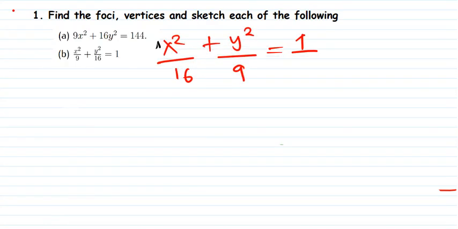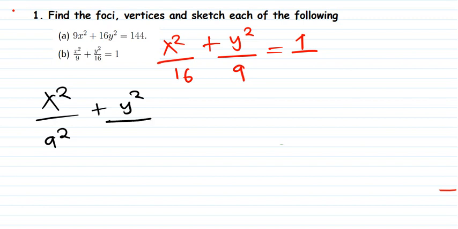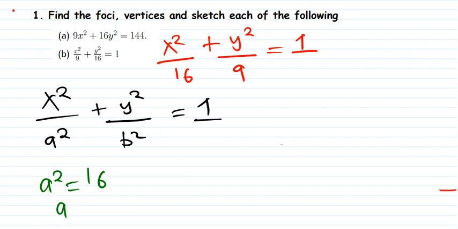The basic form of the equation is x squared over a squared plus y squared over b squared equal to 1. So we can find our value of a. a squared is equal to 16, so a is plus or minus the root of 16, which is 4.